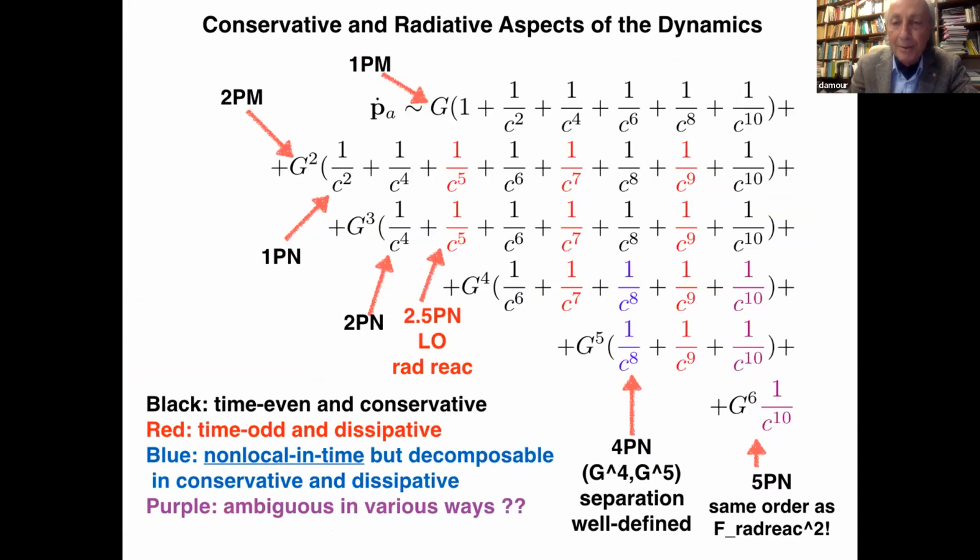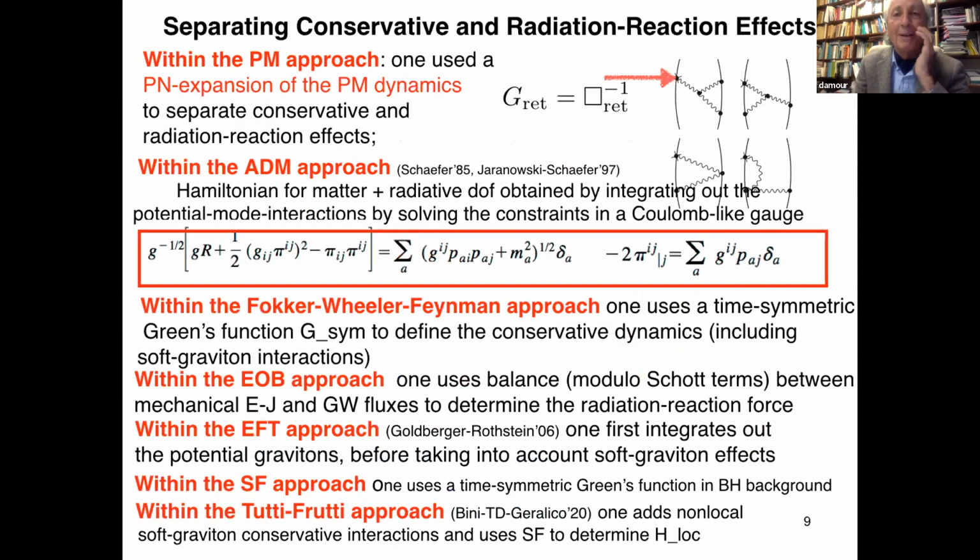In addition to the fact that we will explain why there are ambiguities, a term like G4/c10 is just mechanically at the level of the square of the term G²/c5, which is the leading order radiation reaction, which means that terms that come from the iteration of radiation reaction come at the same level as this. Okay, so this is the main conceptual introduction of what I will talk about.